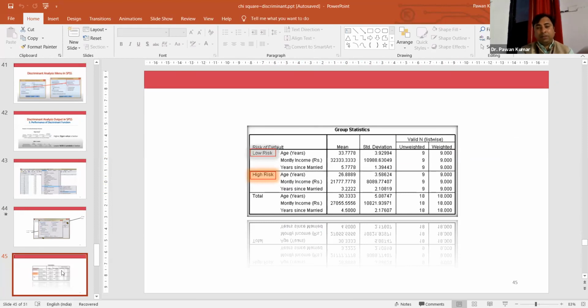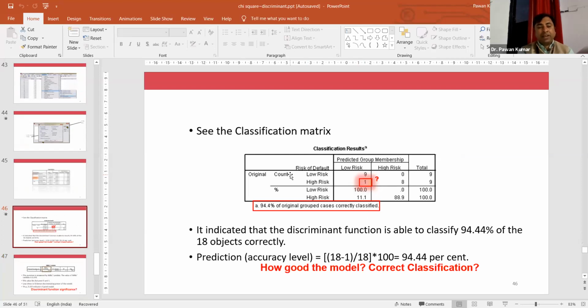The next table you will see in the output is the classification matrix. This table is very, very important to report in your research paper and in your thesis, because it tells you whether the classification is right or wrong.